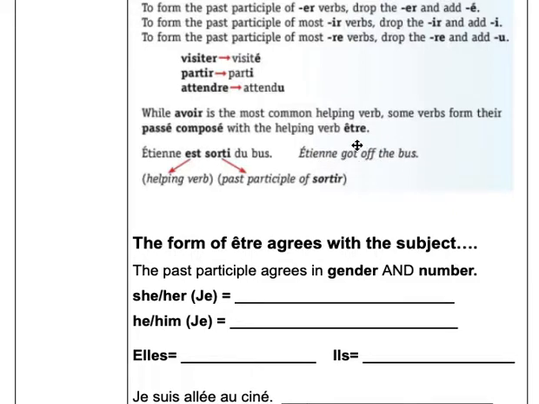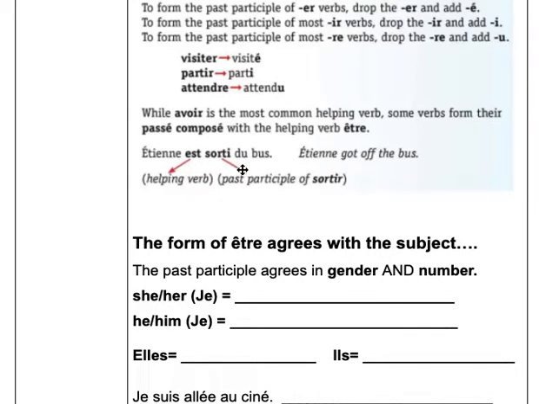The verb to get off is sortir. Now, we have learned that sortir means to go out. It also means to get off of something. Don't worry too much about it. Just if we want to get off the bus, we're going to sortir le bus. Okay, so sortir is one of those verbs that uses être.